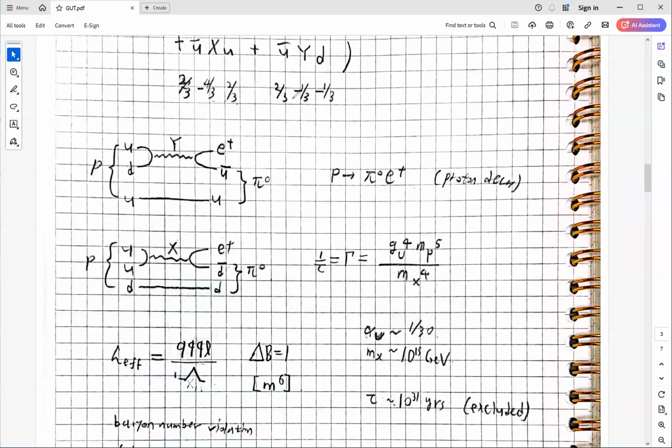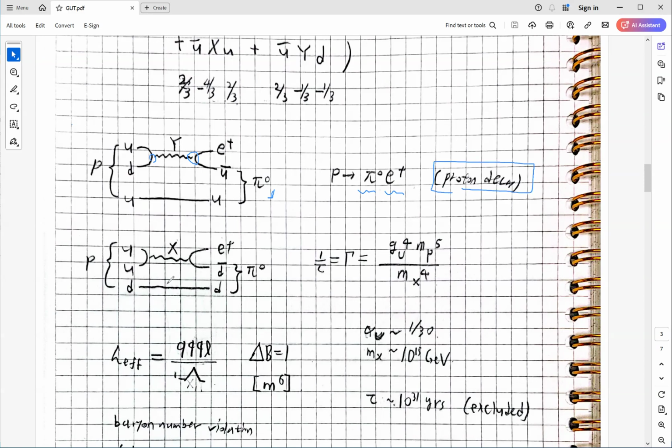Because the Y gauge bosons couple to the up and down as the diquark vertex, and at the lepton-quark vertex the Y gauge boson couples to the positron and the anti-up quark, such up and down quarks can become a positron and an anti-up quark. This anti-up and the up consist of a pi zero meson. So the proton can decay to the pi zero and the positron. This is the decay of the proton in the SU(5) GUT.